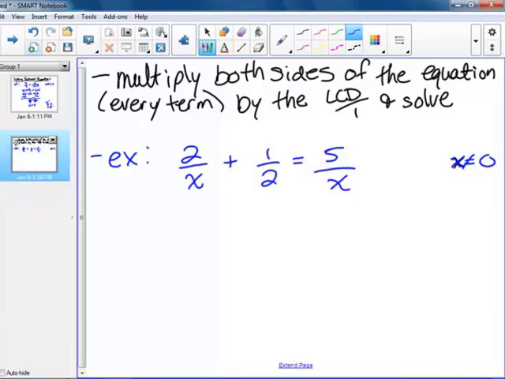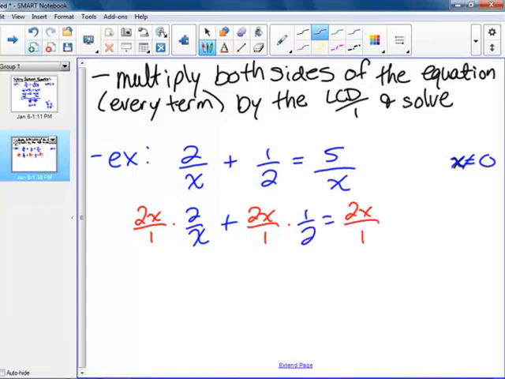So if I look at my denominators, x and 2, 2x would be my common denominator. So I'm going to do 2x over 1 times 2 over x plus 2x over 1 times 1/2 equals 2x over 1 times 5 over x.